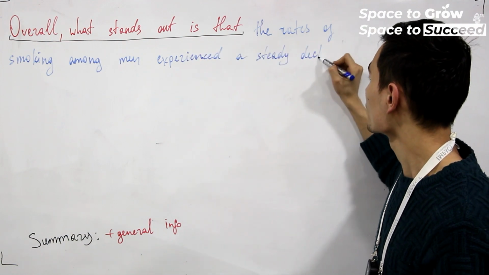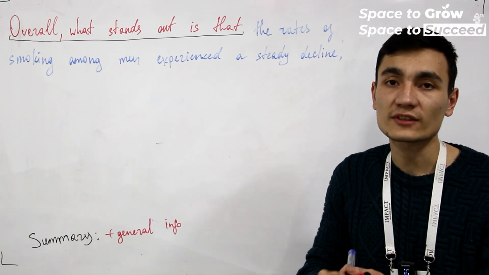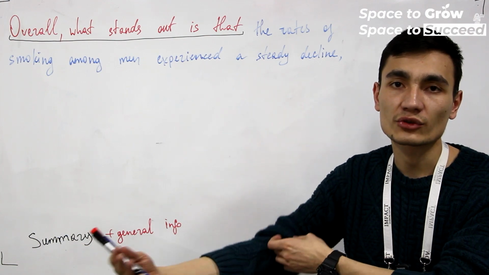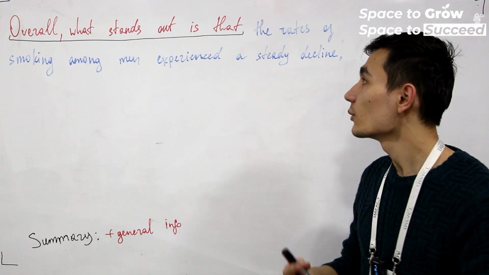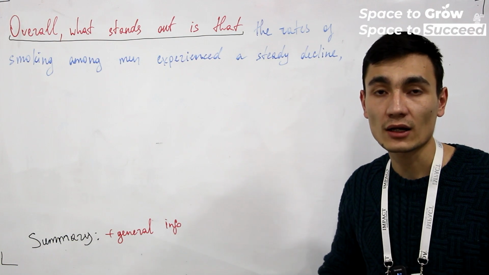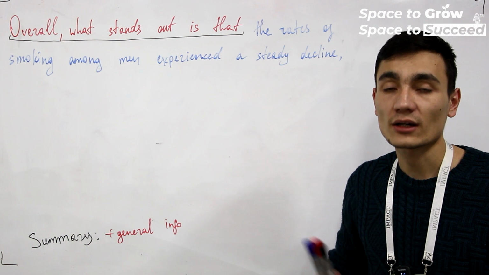And here what you have to pay attention to is, when you're giving trends, when you're saying increase or decrease, you have to try to clarify it with details, with adjectives. What kind of decline was it? Was it a dramatic decline? What is a sharp decline? What is a moderate decline? What is a steady decline? Was it a static decline?